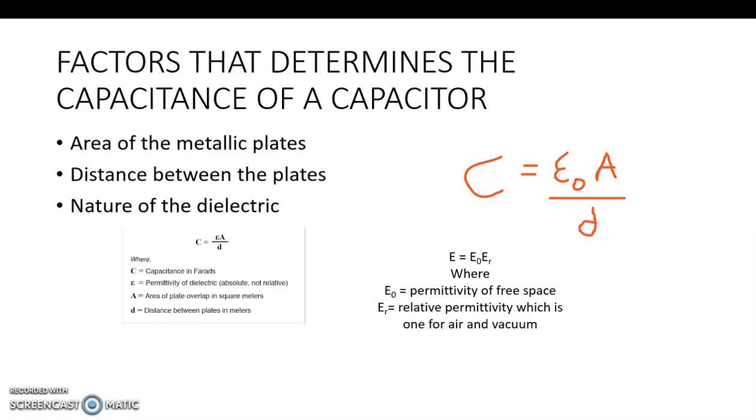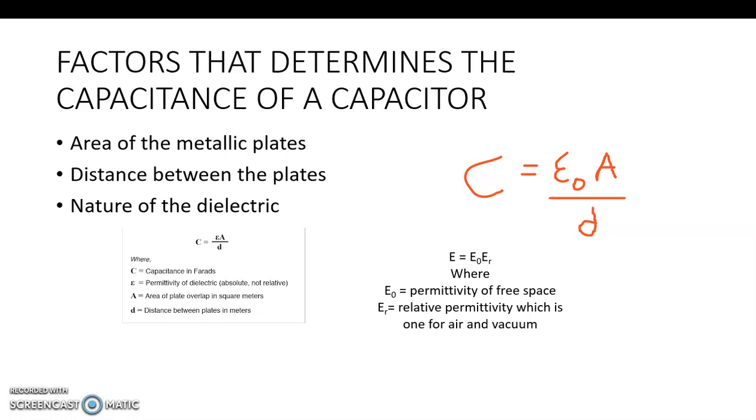We can actually draw quite a lot of conclusions with a capacitor. Like I said, the capacitance of a capacitor is inversely proportional to the distance, and the capacitance of a capacitor is directly proportional to the area.